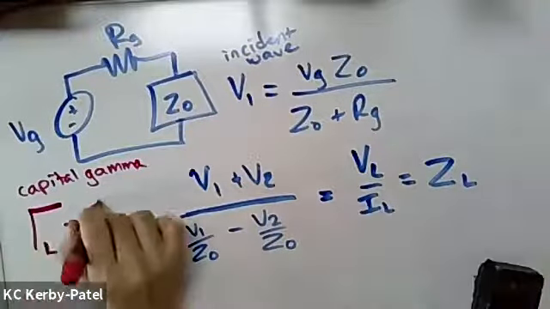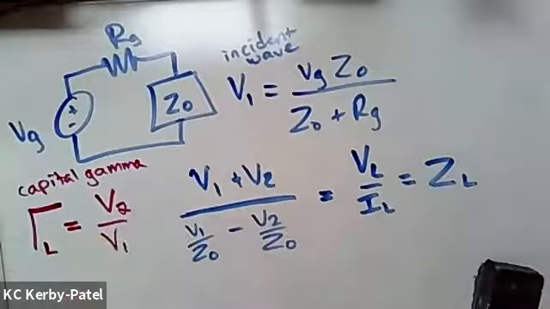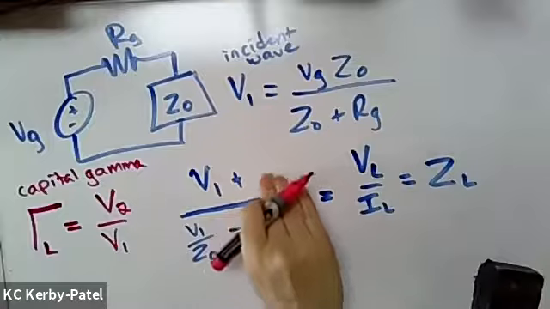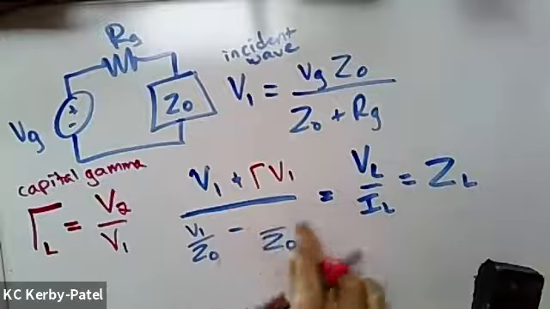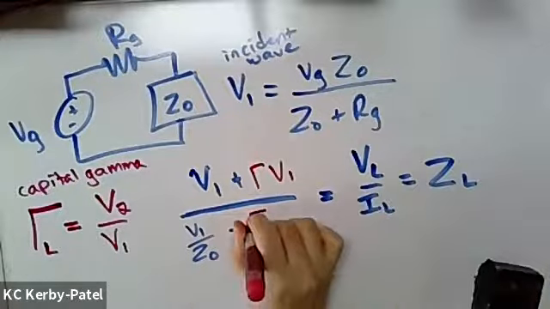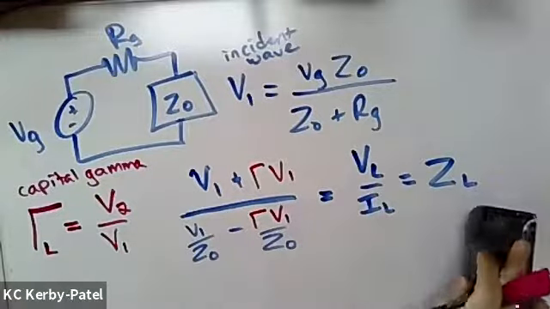And its value is V2 divided by V1. So then if I put this load reflection coefficient into this equation, I can write it as V1 plus gamma V1 on the top, and V1 over Z naught minus gamma V1 over Z naught on the bottom. And that whole thing has to be equal to ZL.